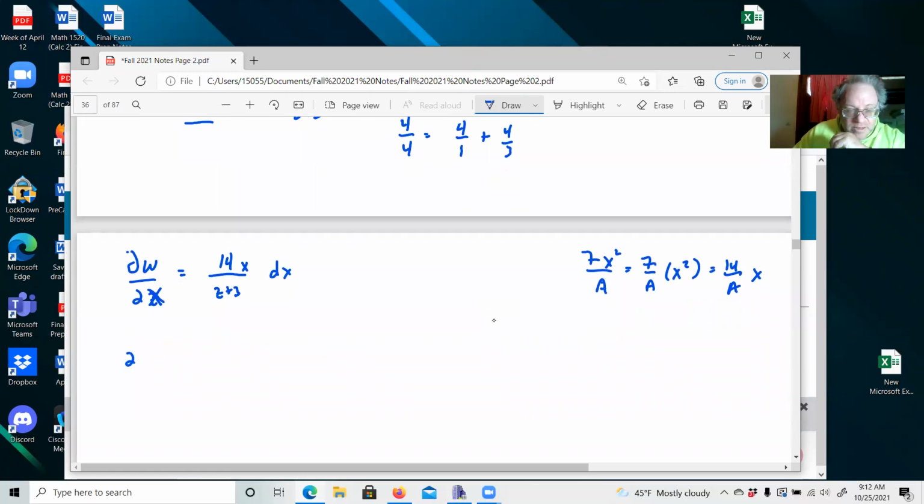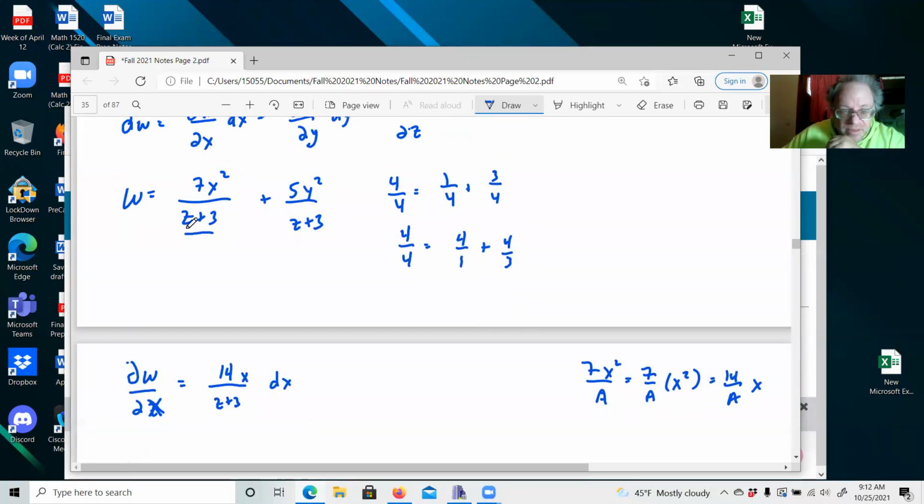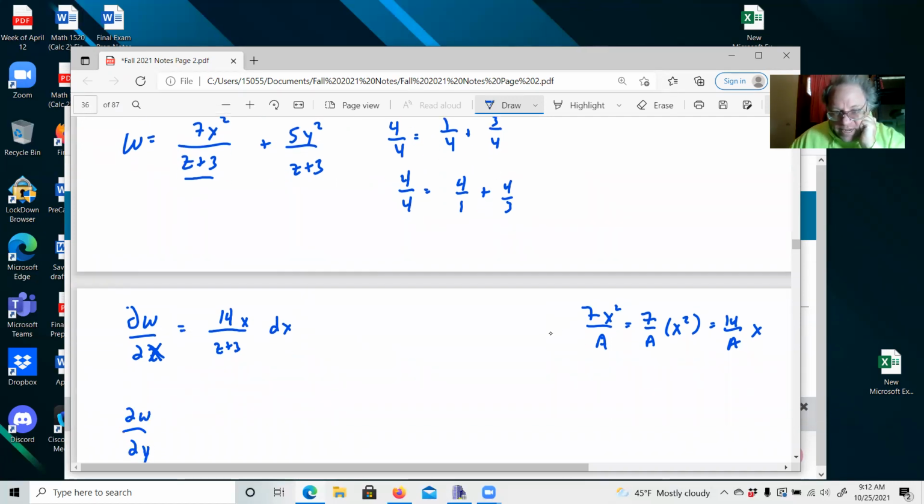We're going to have our dw dy. Again, this term here, 7x squared over z plus 3, has nothing to do with y. So we only have to care about this part here, because the derivative of that is going to be 0. So we need 5y squared over a.